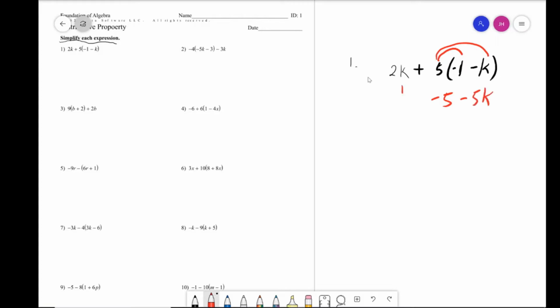Now you just bring down the 2k over here. Now at this point, see for yourself if there's anything you can combine like terms. I have the like terms of 2k and negative 5k. So 2 minus 5 is a negative 3k minus 5. And that's my answer.